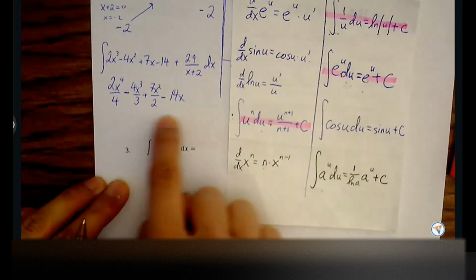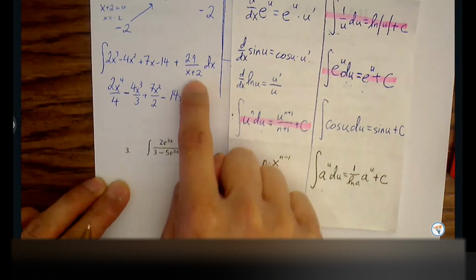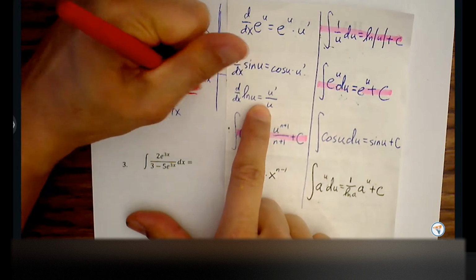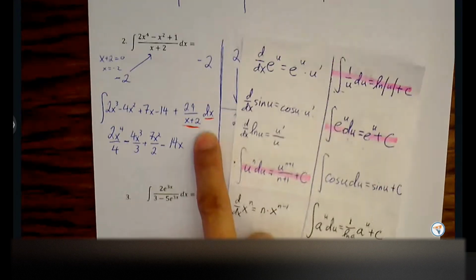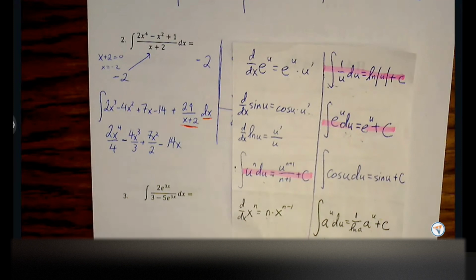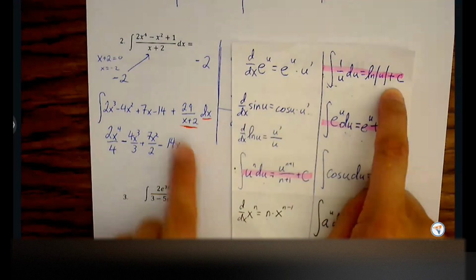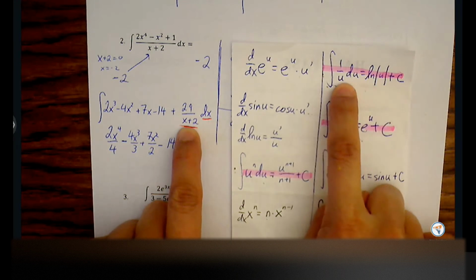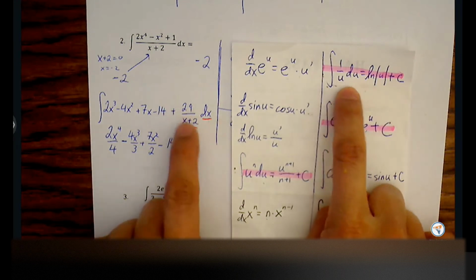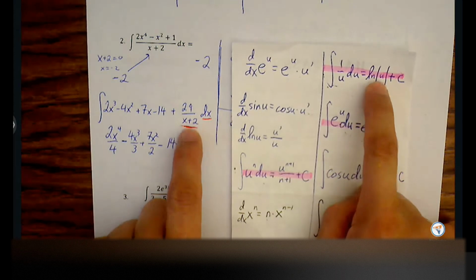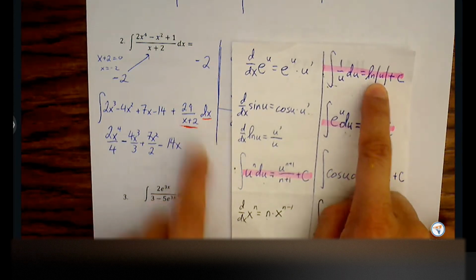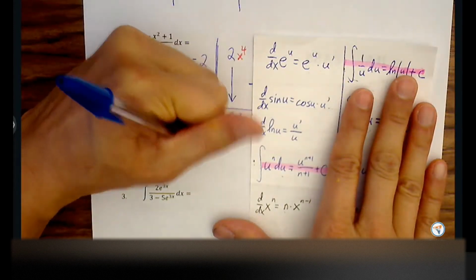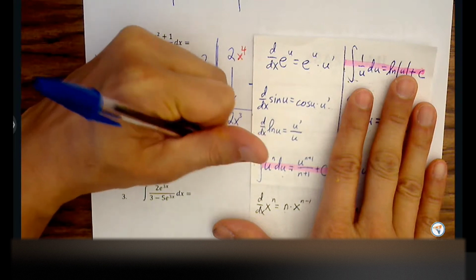Now this is a little bit of a U substitution, and the U value is this x plus 2. Eventually we want to be able to jump directly from here to here. This is a relatively simple U substitution problem. If you see something in this form, you can just pull the 29 out, and you know the U value is the x plus 2. So it looks like this, plus 29 natural log absolute value of x plus 2 plus c.